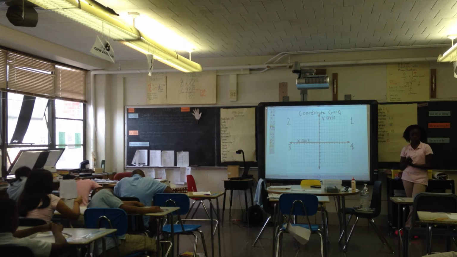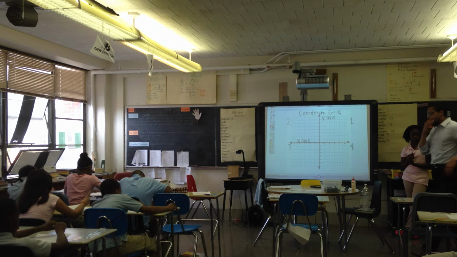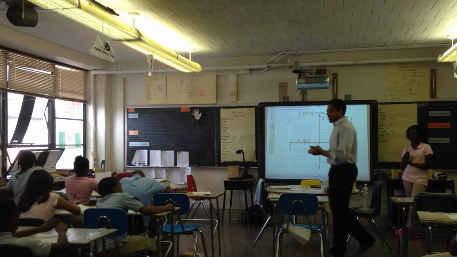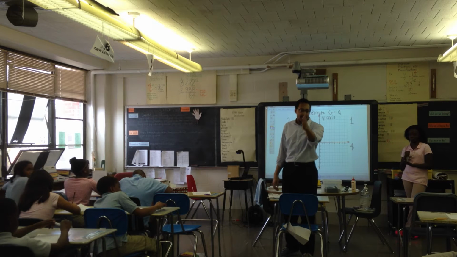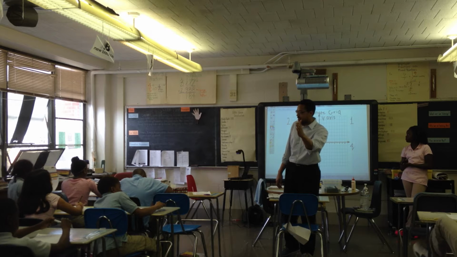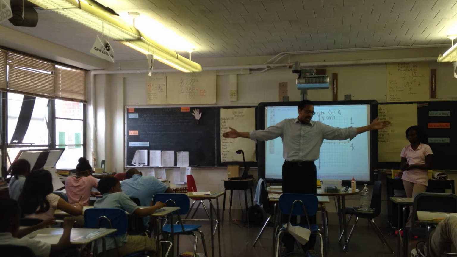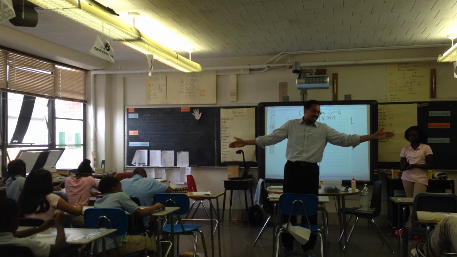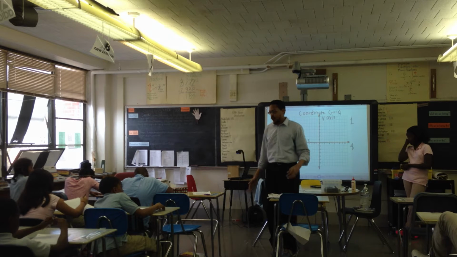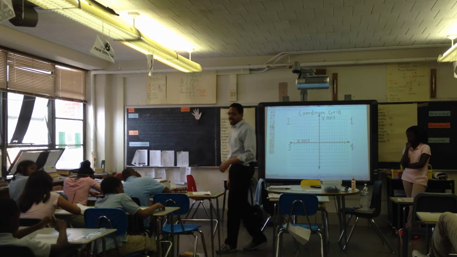Now just to make sure that I haven't lost anybody, we're going to do a quick check for assessment, right? If this is our y-axis right here in the space, and this is our x-axis, I want to know who is sitting at negative 3, 2. Who is sitting at negative 3, 2?